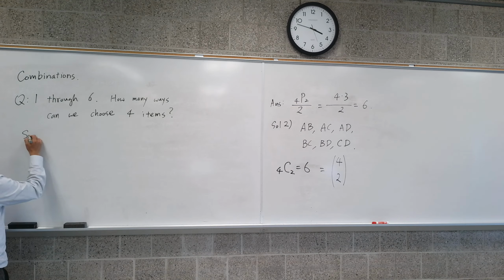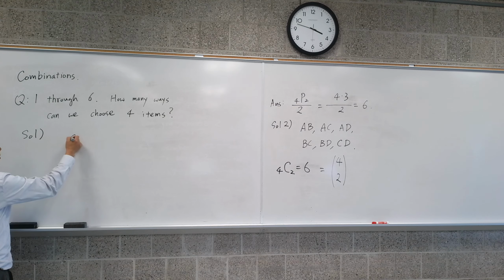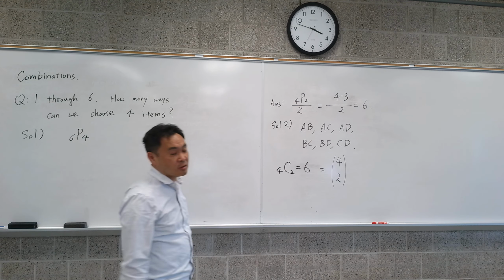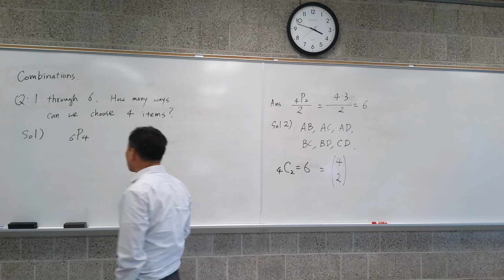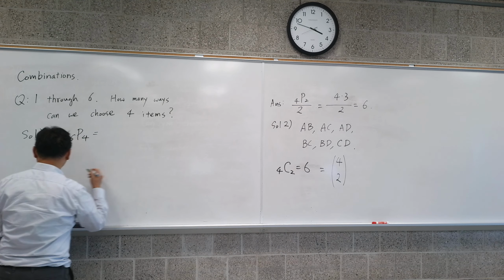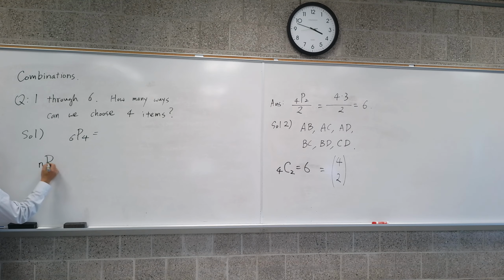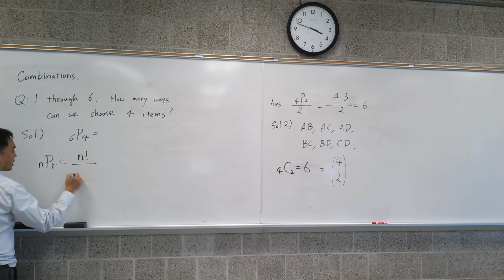So one way to do it is, again, do 6 permute 4. And that's nice because we already know the formula for this. So remember, the formula that we discussed last time for nPr is n factorial divided by n minus r factorial.